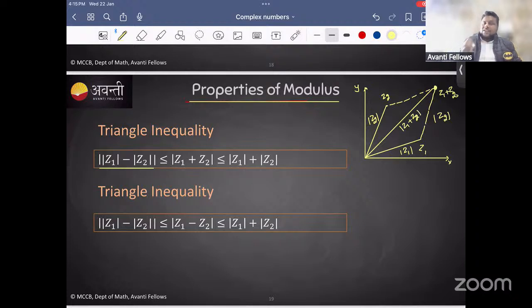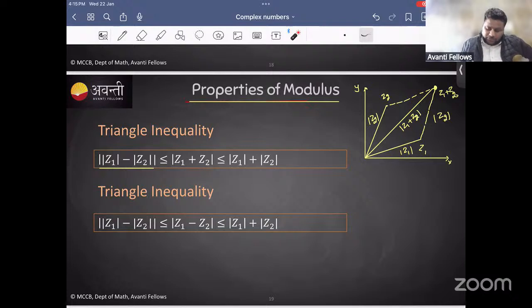So if this triangle exists, that means the sum of two sides is always greater than the third one. Am I clear? Sum of two sides, mod Z1 plus mod Z2, is always greater than the third one. Now if I replace Z2 by minus Z2, I get this thing.